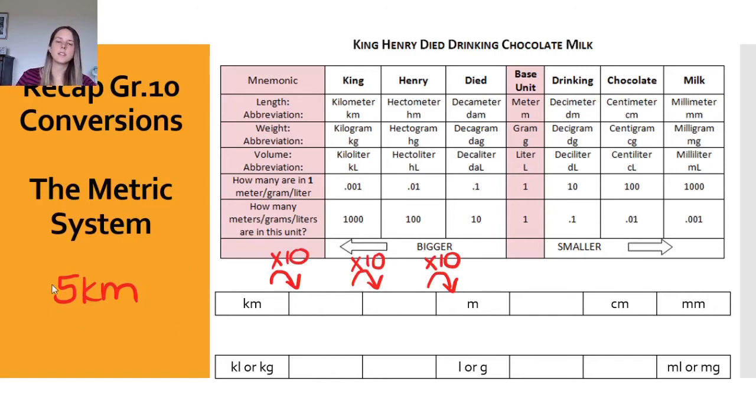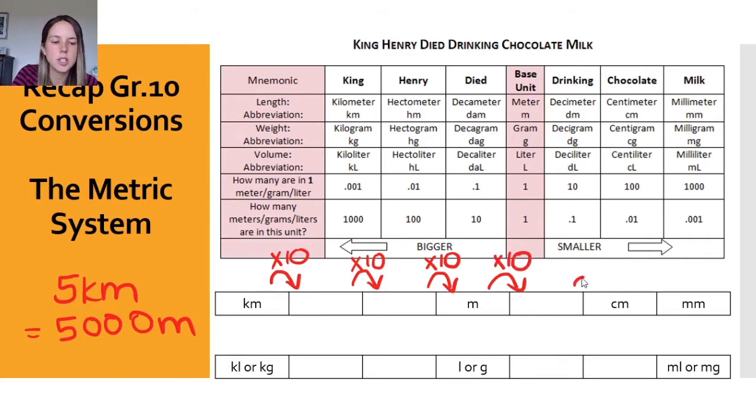So if I take 5 kilometers, that is 5 times 10 times 10 times 10, I will get 5,000 meters. So that is equal to 5,000 meters. So you can just remember this. Each jump is times 10.